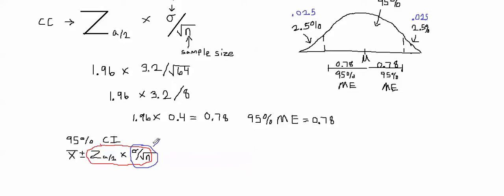This part right here, the sigma over square root of n, is called the standard error. The standard error is just what comes after this multiplication sign. So this fraction is the standard error. The entire red circle is the margin of error. So basically the standard error is inside of the margin of error.